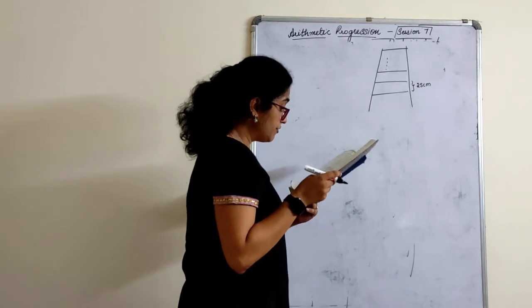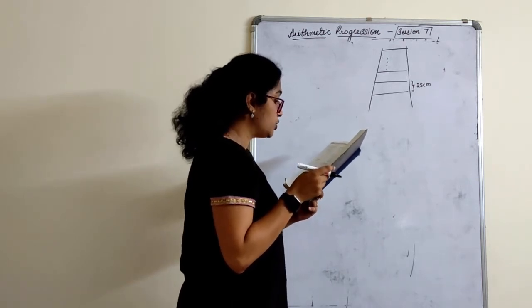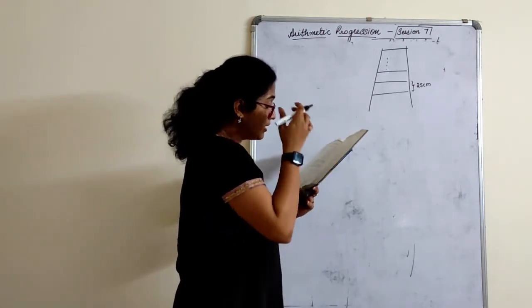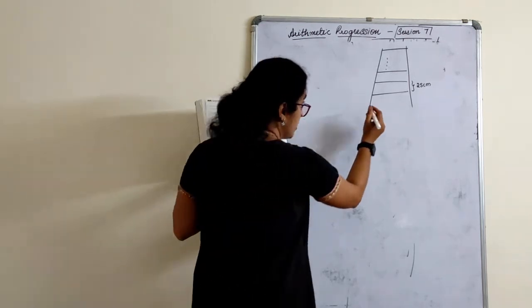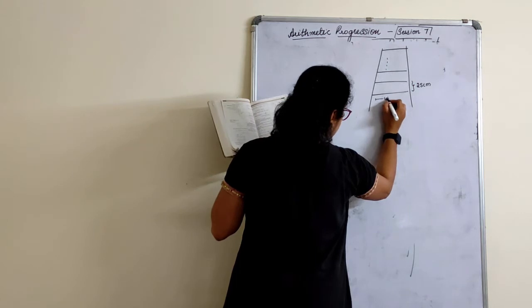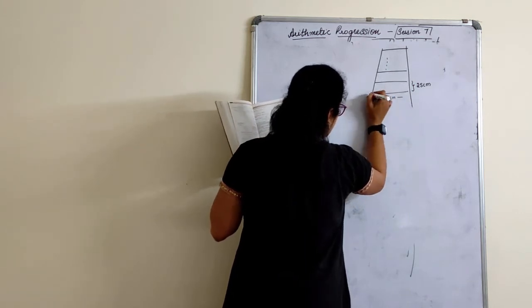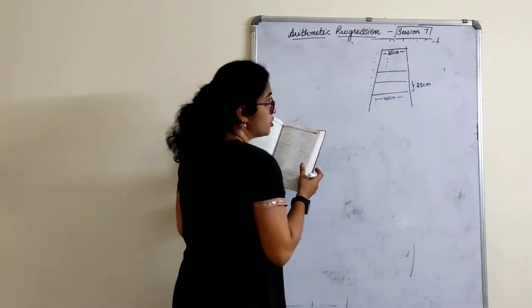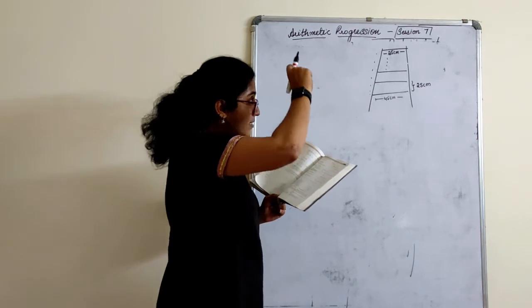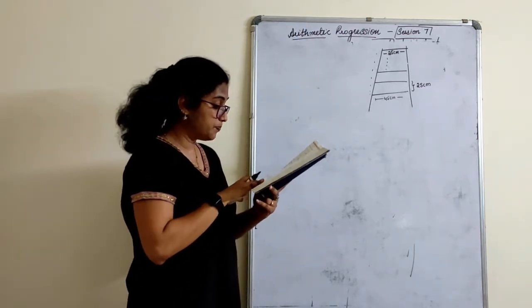Apart from that, the rungs decrease uniformly from length 45 centimeter at the bottom to 25 centimeter at the top. This is 45 centimeter, and as it goes upper, it becomes 25 centimeter. Understood the difference? But that distance remains the same.